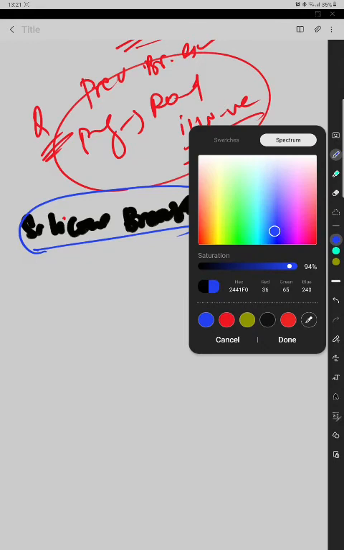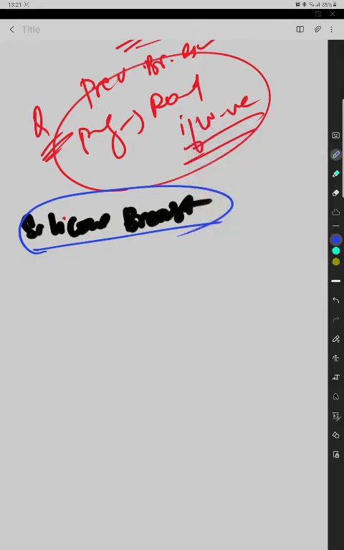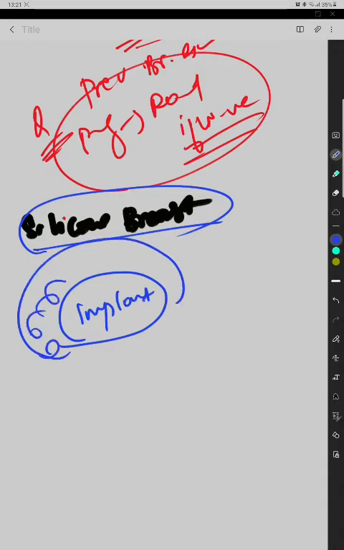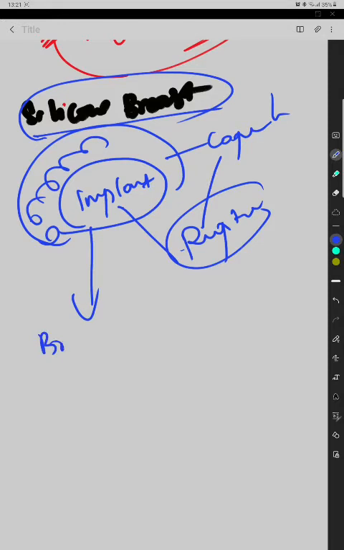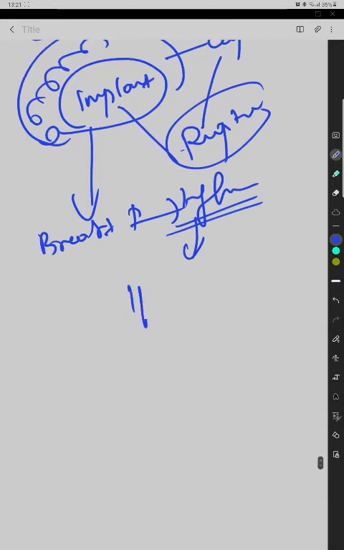This is the implant, and here we have the capsule of the implant. If both rupture, the implant contents would go out. If both this and this rupture, the silicone will go into the breast parenchyma, because of which inflammation sets in. It presents as an inflammatory breast.